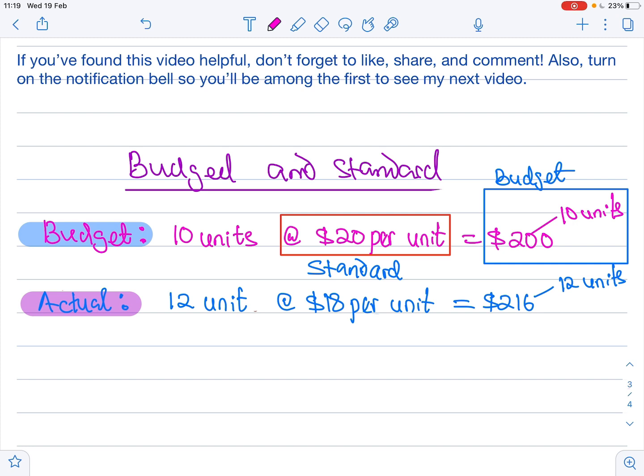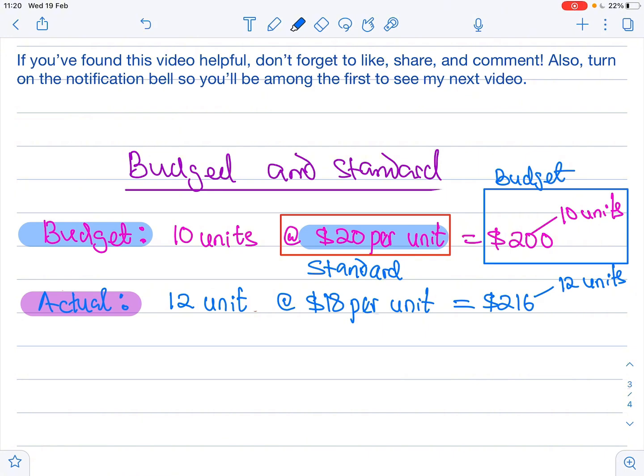And then these 10 units of a particular item, the company planned to spend $20 for each unit. So imagine you are the procurement manager, and then you are told to buy 10 units of a particular item, and then you must not spend more than $20 buying one unit.